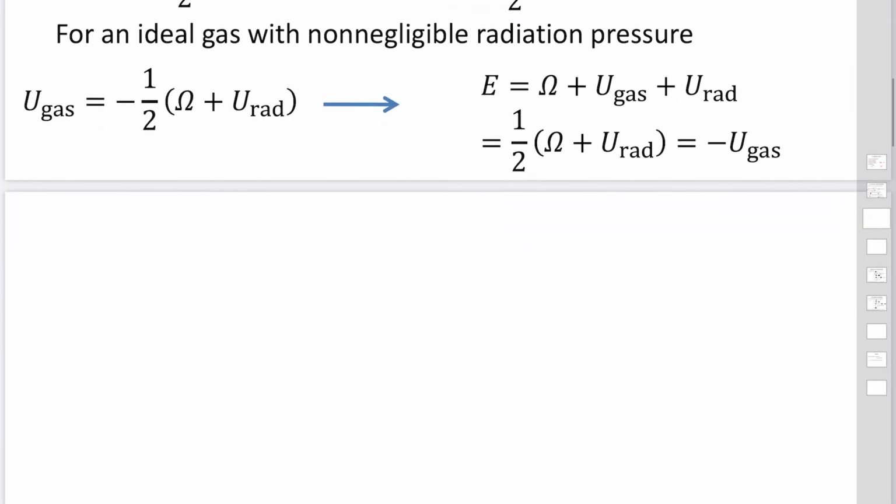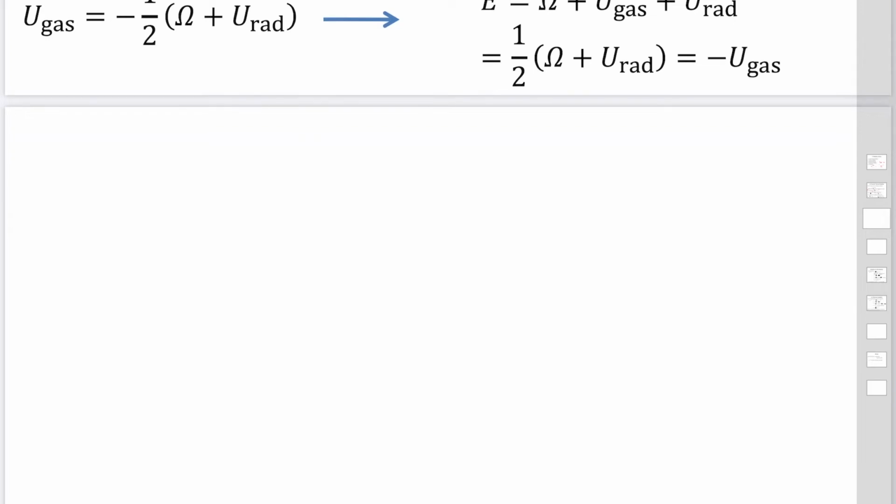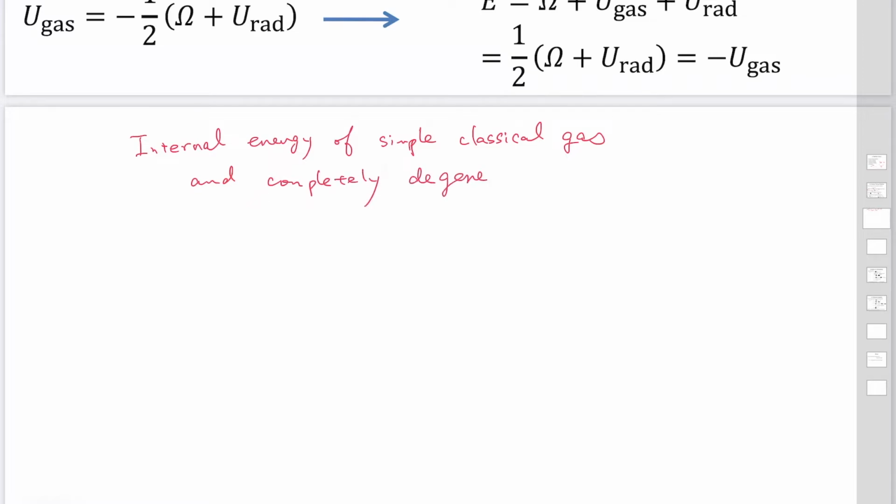The internal energy of a simple classical gas and a completely degenerate gas, I have explained, is expressed as U equals 3 over 2 P over rho.